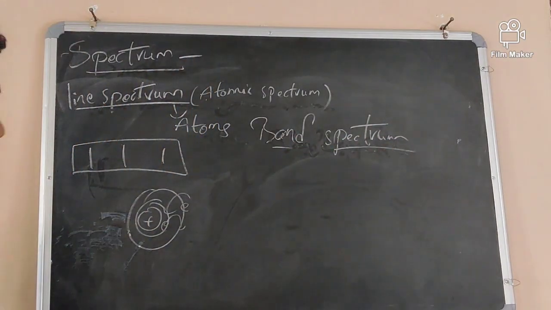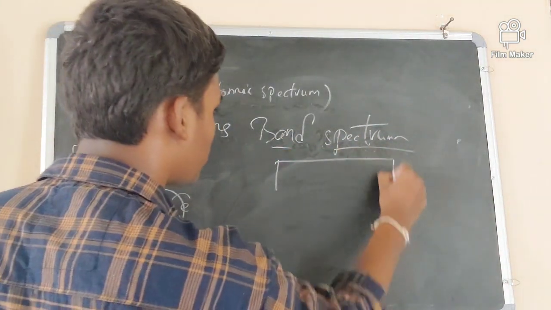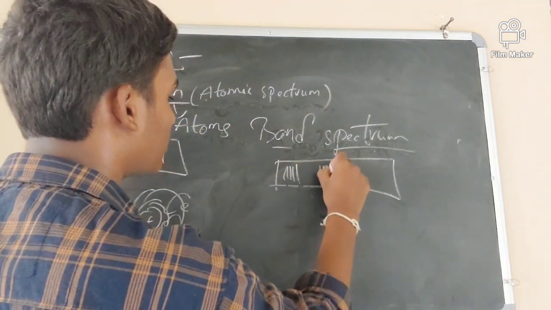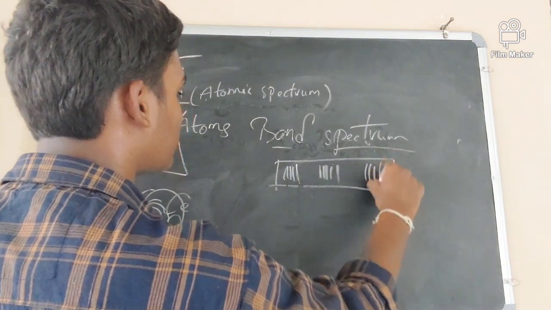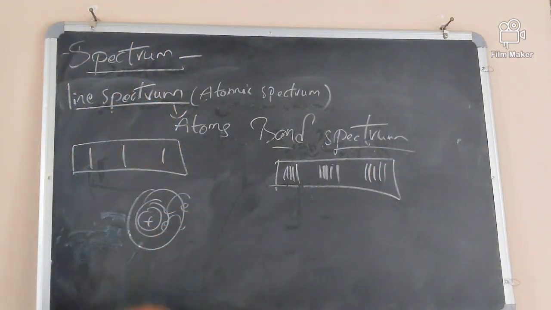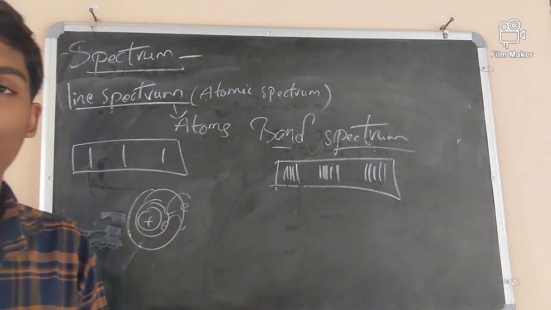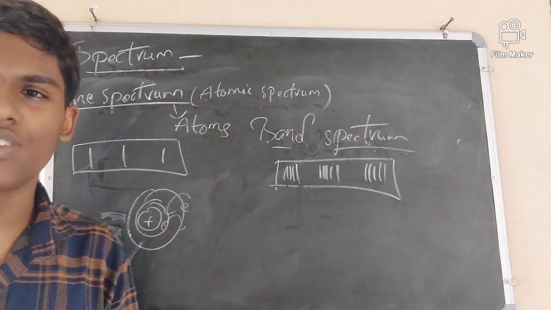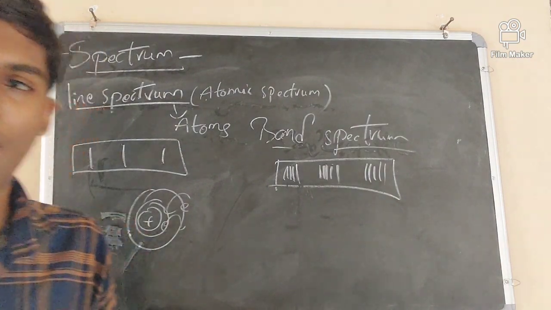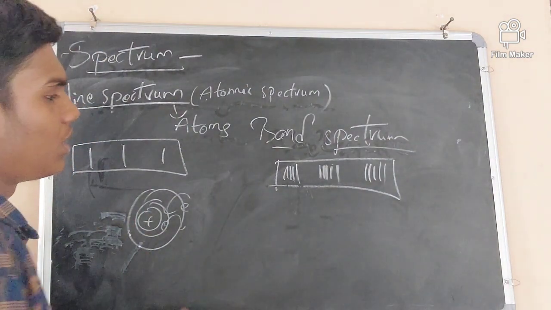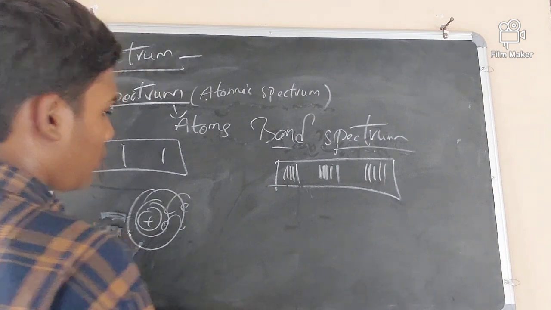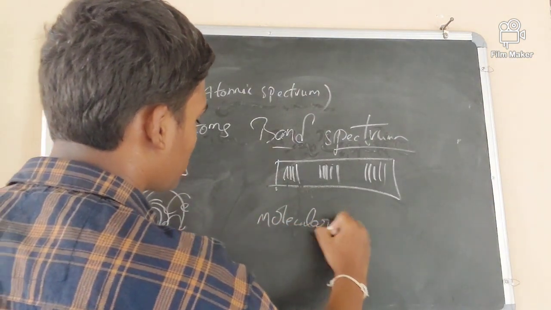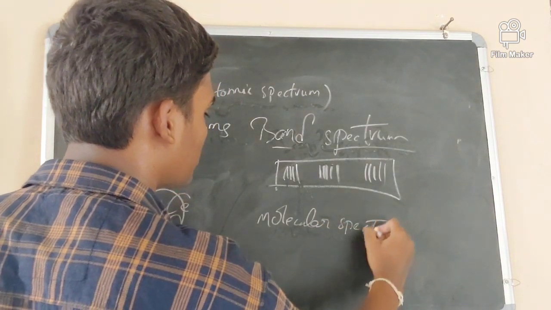Now see the band spectrum. See how band spectrums look. In the band spectrum, the bands are closely packed. The lines which are closely packed are called bands. It is also called molecular spectrum, which means it is only observed in molecules, not in atoms.